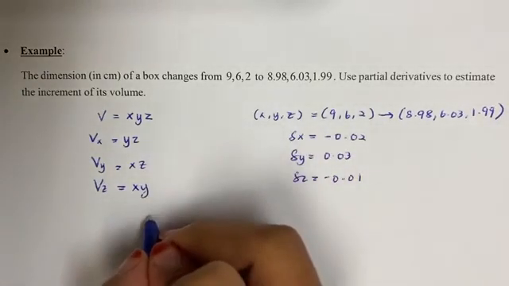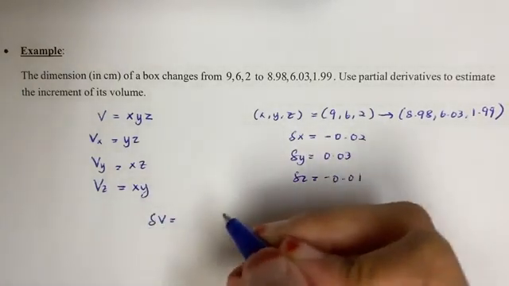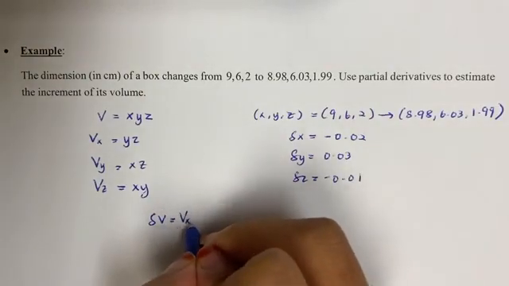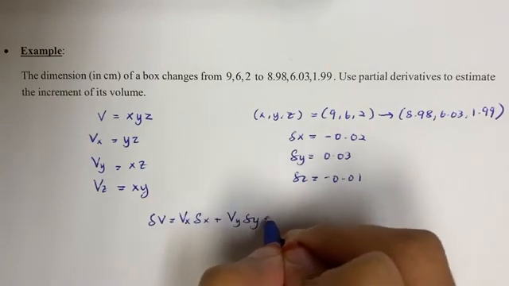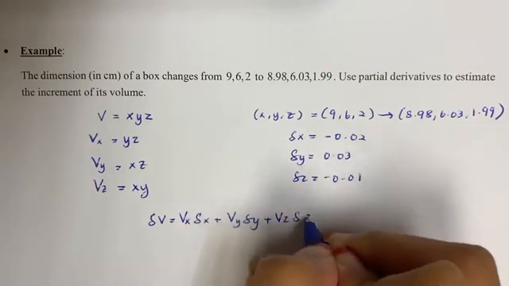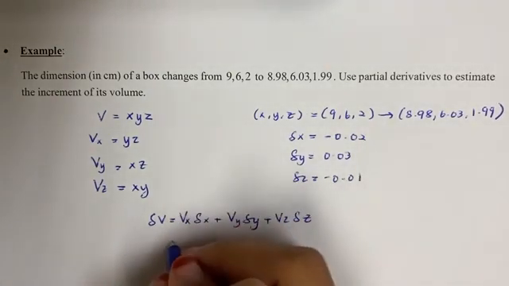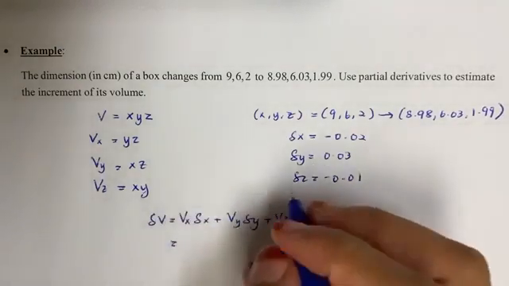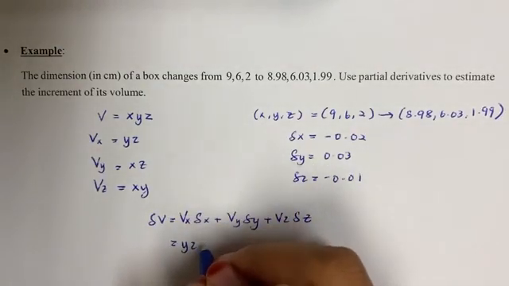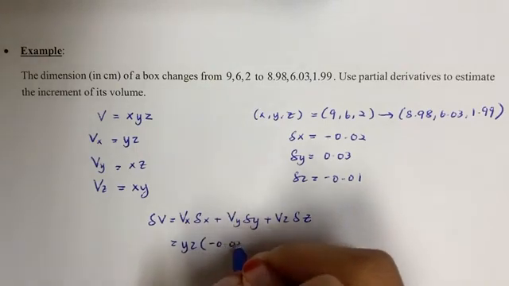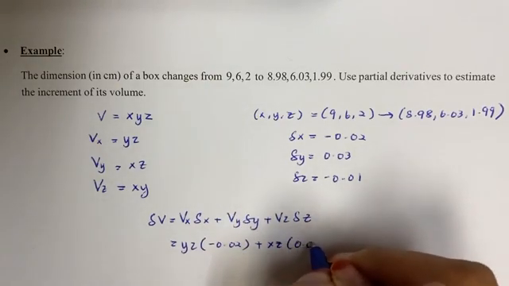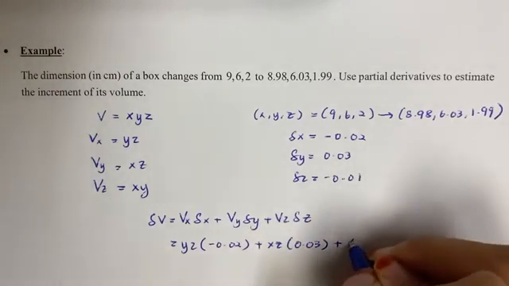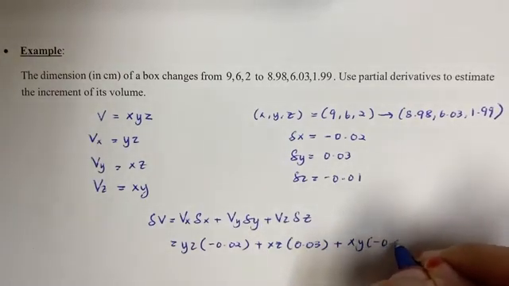To find delta V is equal to Vx delta x plus Vy delta y plus Vz delta z. Okay, substitute the values: yz multiplied by minus 0.02 plus xz multiplied by 0.03 plus xy multiplied by minus 0.01.